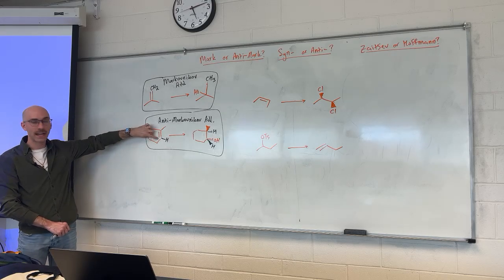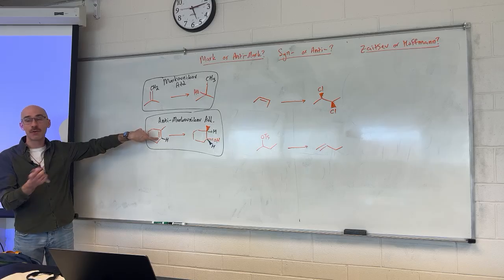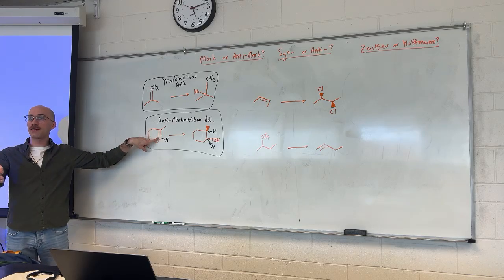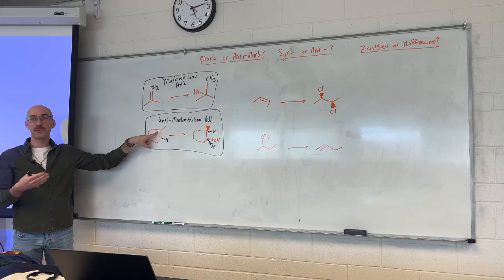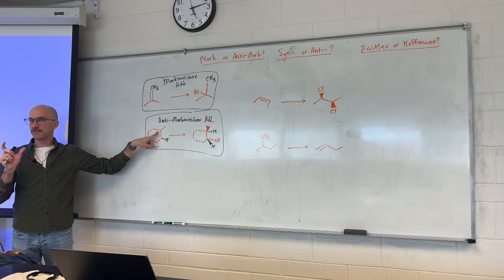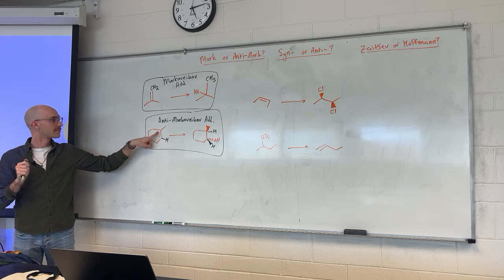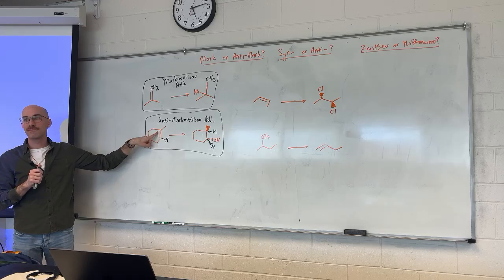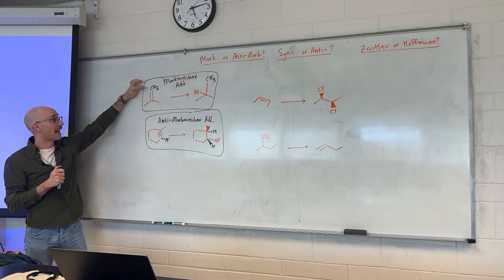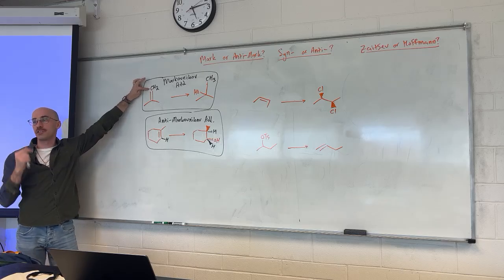So this had more hydrogen, and this is not where the hydrogen added. This is where the OH group added. The hydrogen added to the carbon with less hydrogen, which goes against Markovnikov's rule. Seeing how to apply it? It was added to the carbon that had more hydrogen.